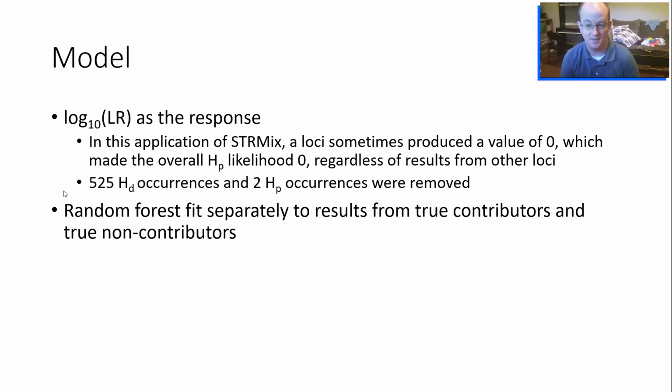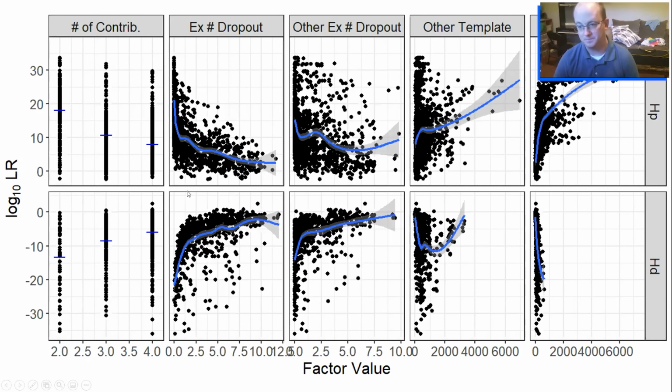With the remaining data, we use a random forest model to relate the factors that I just discussed to these log 10 LR values, and did this separately for the true contributor references and the non-contributor references. Here is the log 10 LR reported by StarMix on our y-axis. The top panel corresponds to HP true as the ground truth for the mixture, so these are true contributors, and the lower panel represents HD true, so truly non-contributors.